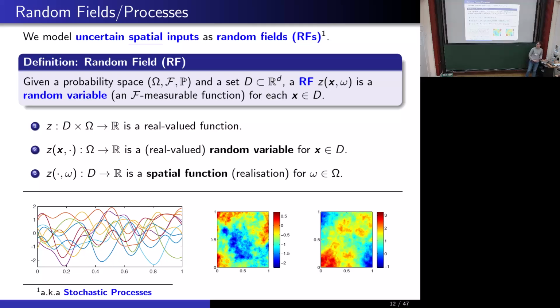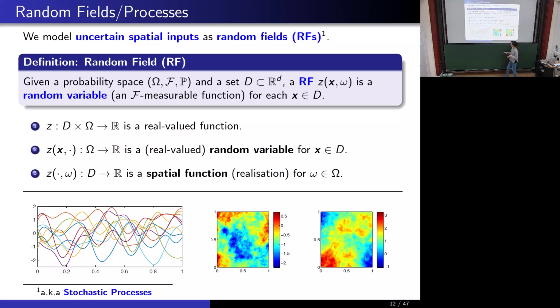Or, as that definition encourages, we can think about it as a different random variable at each point in our domain. Or, what's easiest for visualization, think about it as a collection or a family of spatial functions. Every time you pick an omega, that's shorthand for give me a new sample of the spatial function from this family. Does that make sense?